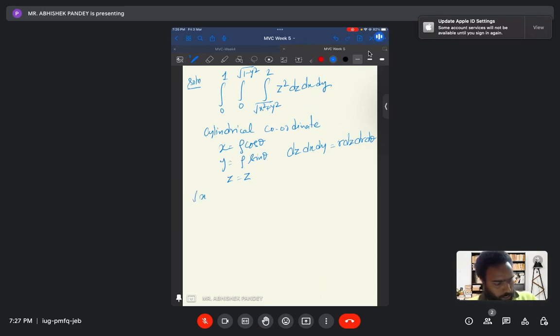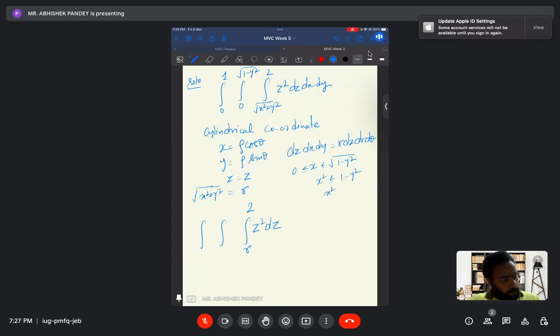So root of x square plus y square will become r. So the integral will become z from r to 2, z square dz. Now r will run from, so here x is from 0 to root of 1 minus y square. So this means x square is less than or equal to 1 minus y square.